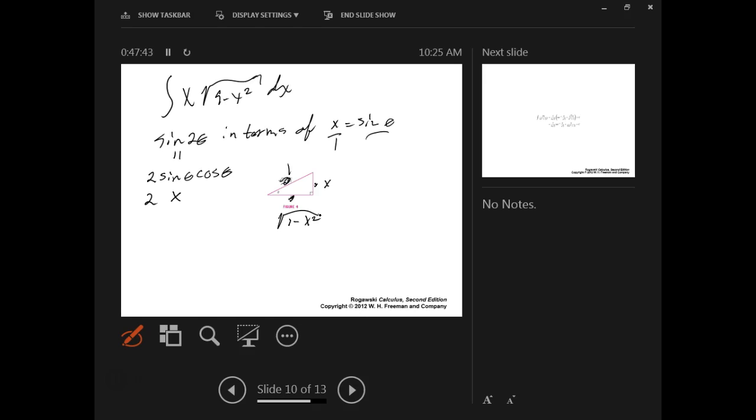What can you get now? What we're looking for now is cosine theta. So what is cosine theta?